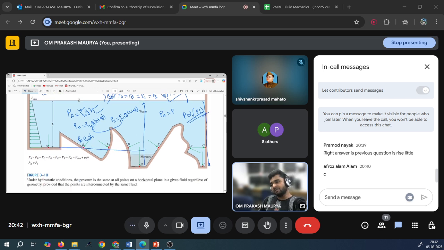This one means if you have the pressure P here, then at the same level anywhere in the fluid, if the fluid is the same, your pressure will be P. Remember, at a particular level, everywhere in the fluid the pressure will be the same.